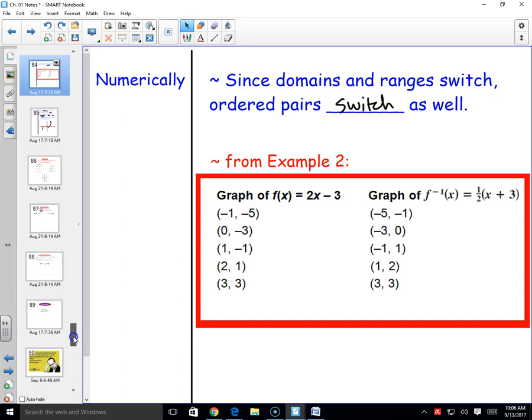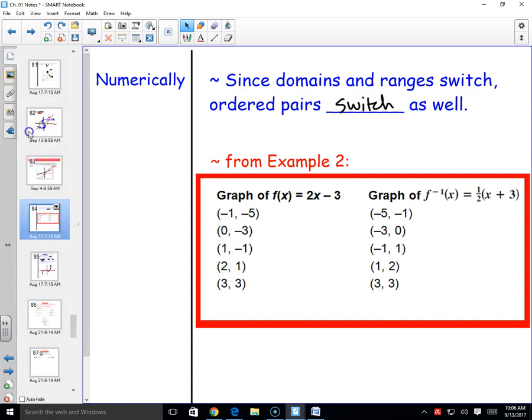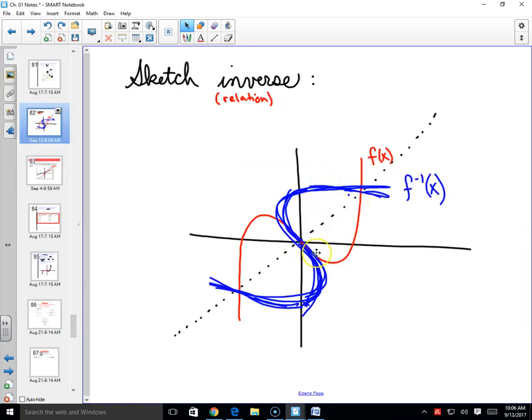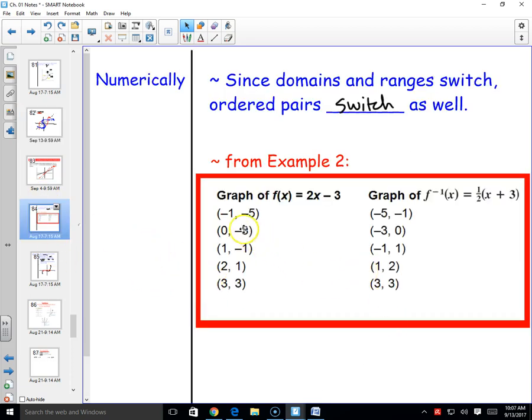And that might be able to help you as well. The reason why it didn't help you in this graph, though, had I marked out any points for you to switch? No. If I had given you something like 1, -2, then maybe you could have done -2, 1 and gotten a point on the other curve. You could have done that. But I didn't give you that on purpose. But if you do have points of one function, yes, you can flip them and graph them on the other.